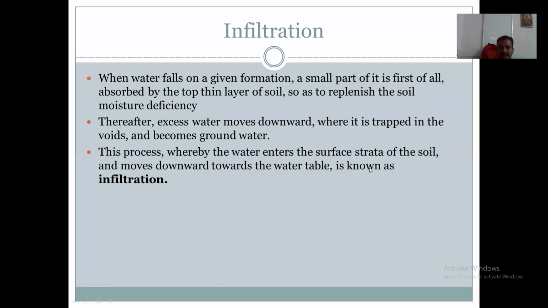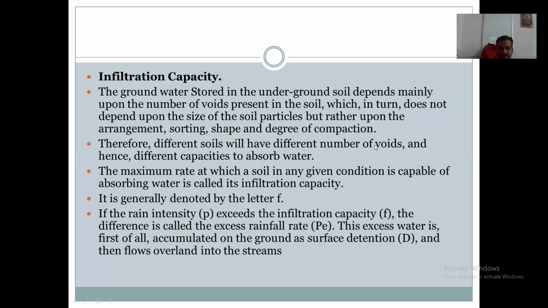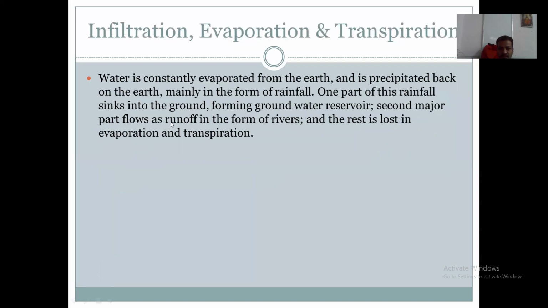So in that, the first term is infiltration. Water is constantly evaporated from the earth. When there is a high temperature, the water gets evaporated. The water vapor escapes from the water surface into the atmosphere.